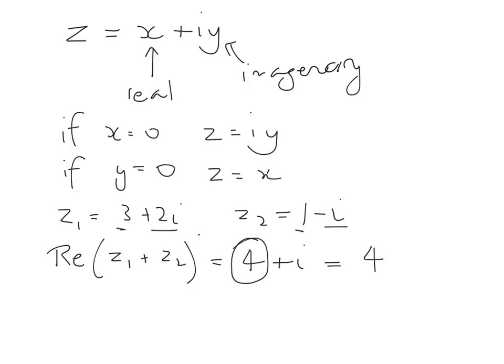So the real part of z1 plus z2 is 4. If I wanted the imaginary part of z1 plus z2, then my answer would be plus 1. Since the coefficient of i is 1, then the imaginary part is just 1.